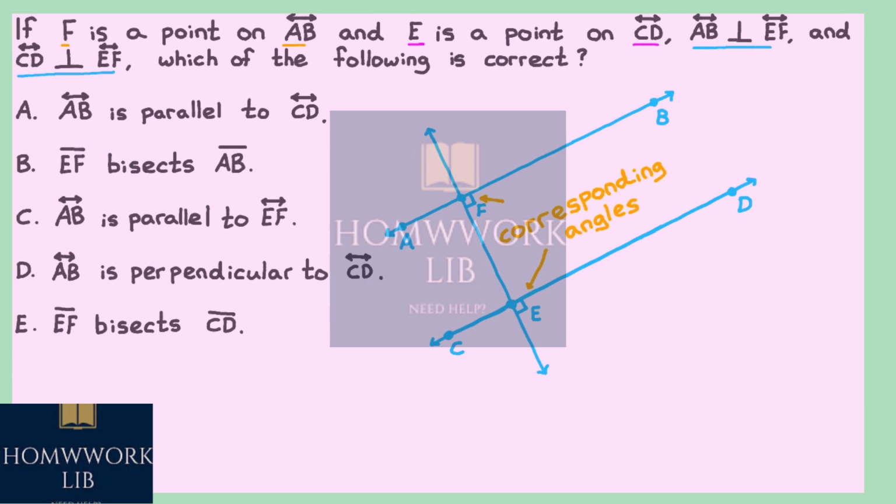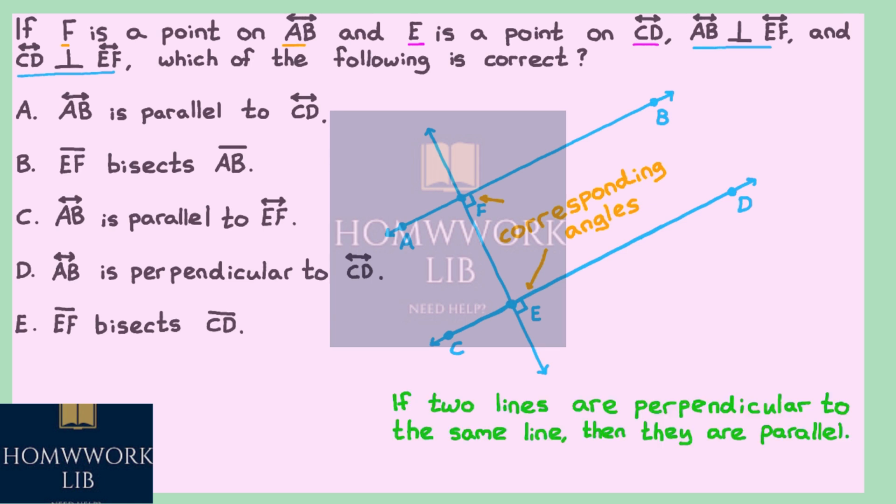In our sketch, we see that the line between E and F is a transversal of the other 2 lines, and we see that the corresponding angles of this transversal both have equal measure, since they are both right angles. This is enough to confirm that the line between A and B and the line between C and D must be parallel.